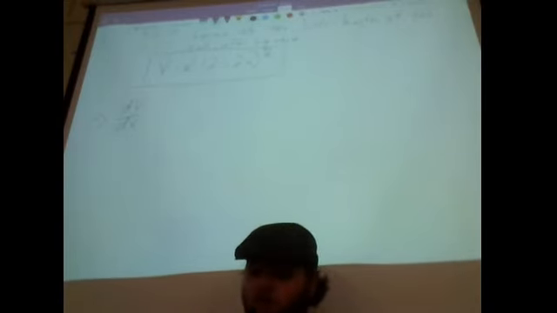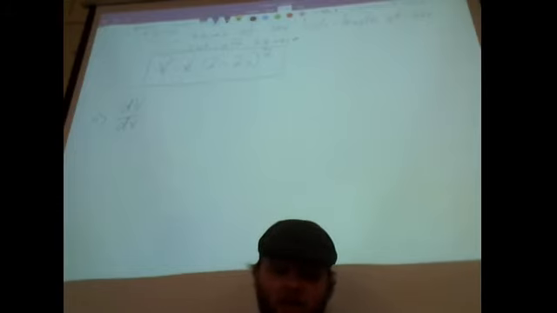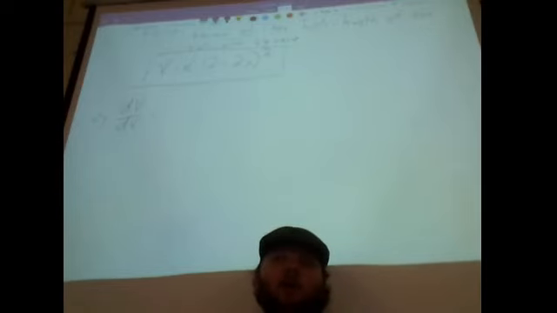Do I want to? No. Your book actually does distribute, but I'm not going to. Because no. Okay? I'll probably have to distribute after I differentiate, but it'll be easier. Instead of having a cubic, I'll have a quadratic.